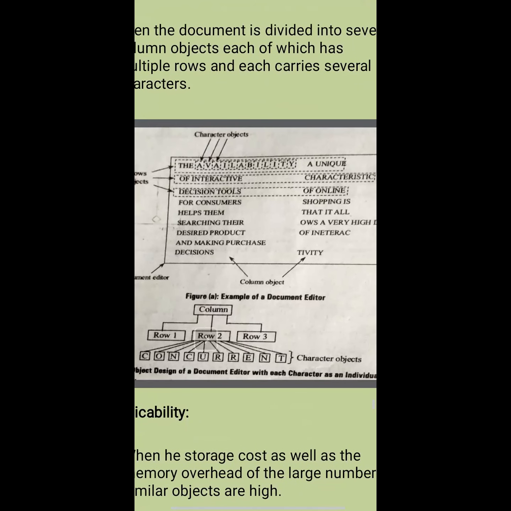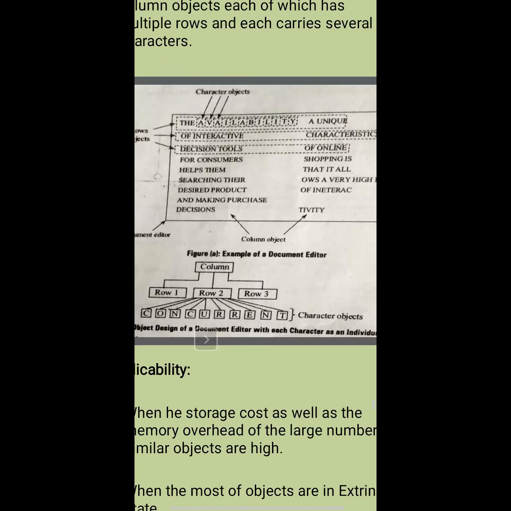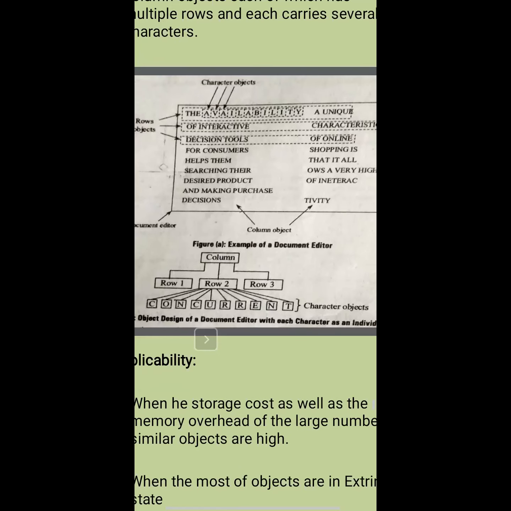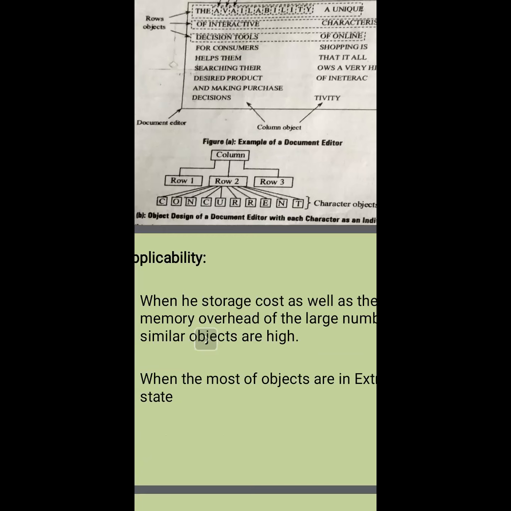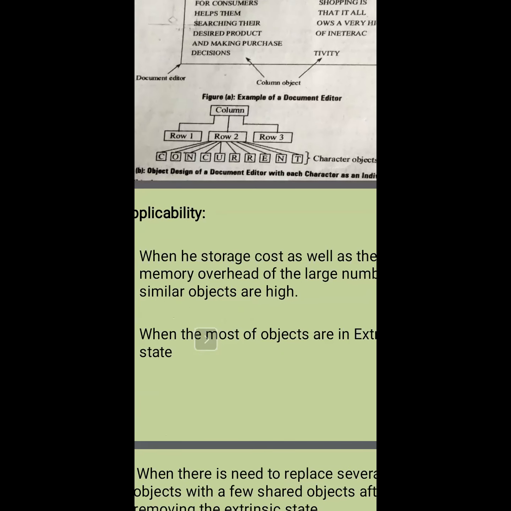So that means here we are dividing the objects, so we are dividing the memory support also. If you are observing the second diagram, the column will be divided into row 1, row 2, row 3. Now row 2 can be divided into different types of objects, for example 'concurrent'. So C is one object and O is another object, and N is another object. In this way, each and every character can be treated as an object. So that means here we are giving some memory support.